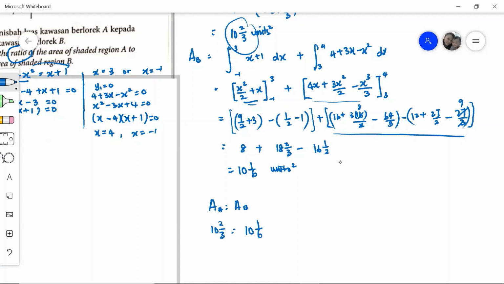Change it to improper fractions: 32 over 3 to 61 over 6. Then we times 6 on both sides, so we will have 64 to 61. Therefore, the ratio of the area of shaded region A to the area of shaded region B is 64 to 61. So we found the answer.